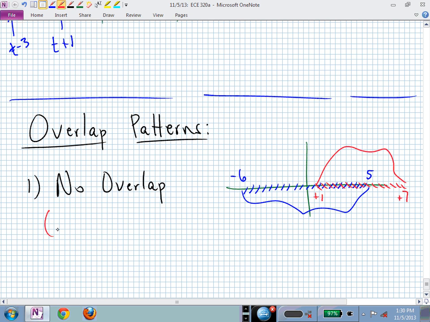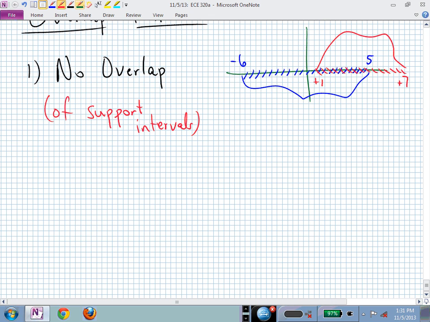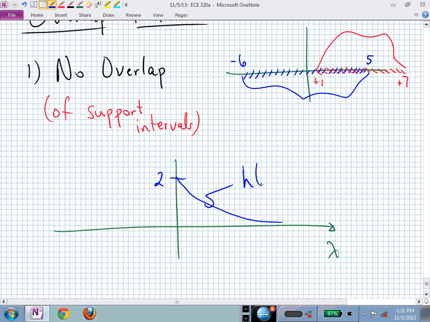So no overlap of the support intervals. In our particular case, here's lambda, and here is h of lambda.